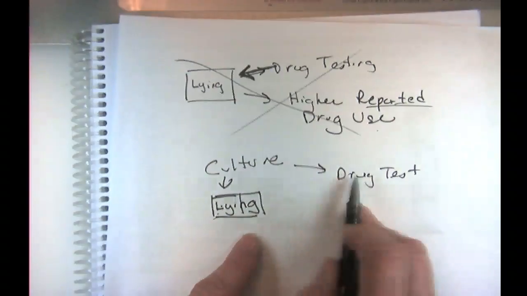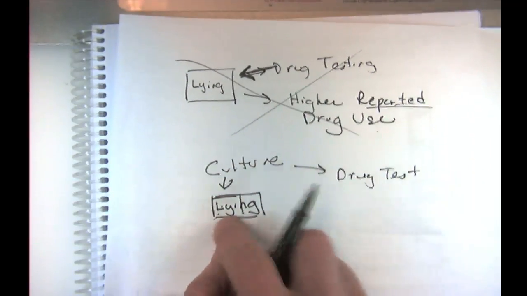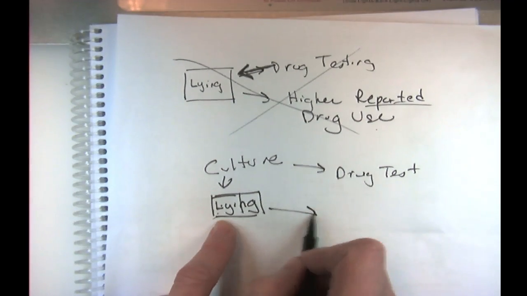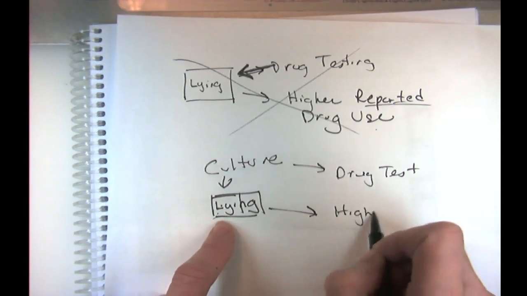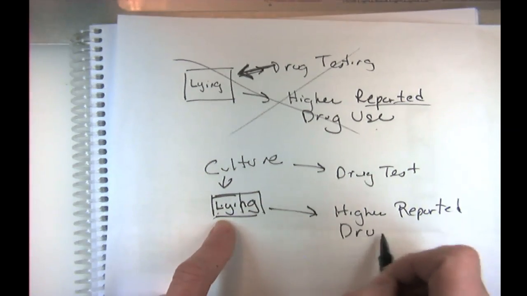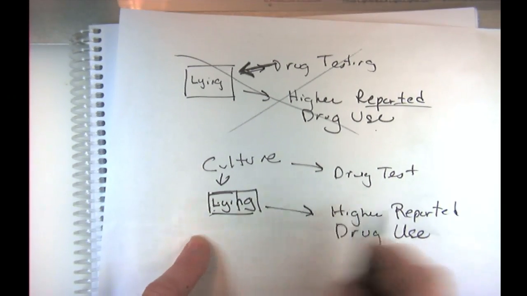With no real, these are connected, but they're both coming from elsewhere. So this is not causing this. This could be a confounder because lying also leads to a higher reported drug use.